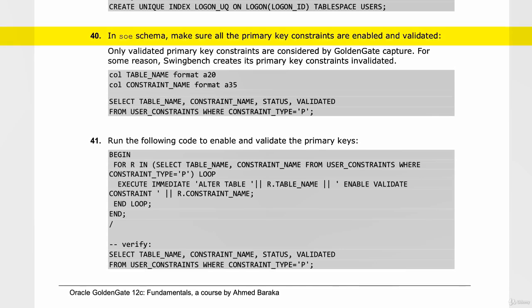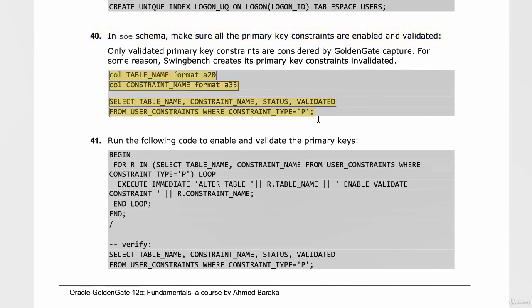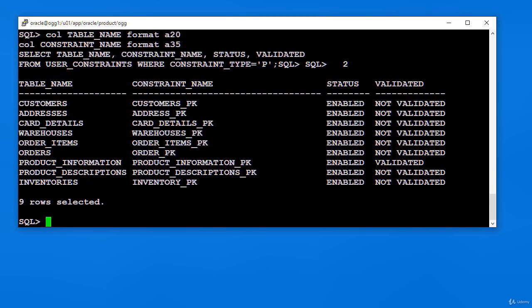In the SOE schema, make sure all the primary key constraints are enabled and validated. Only validated primary key constraints are considered by Golden Gate capture.